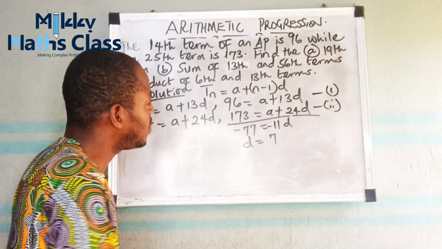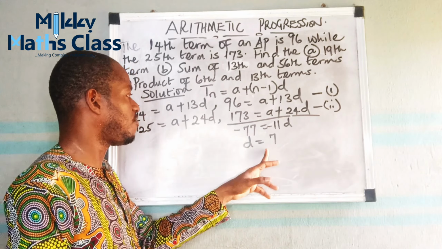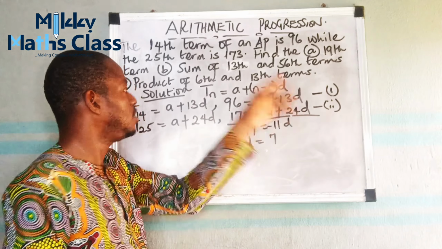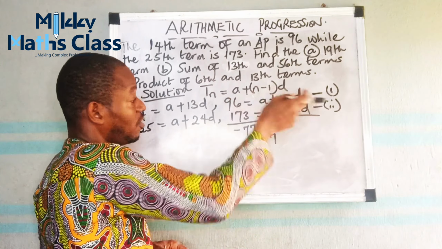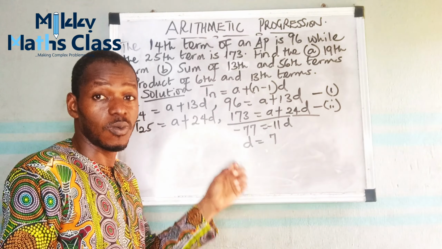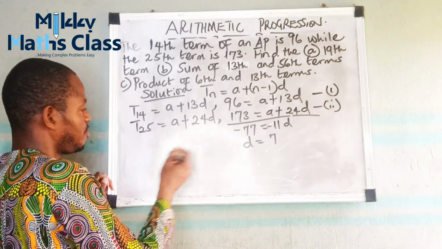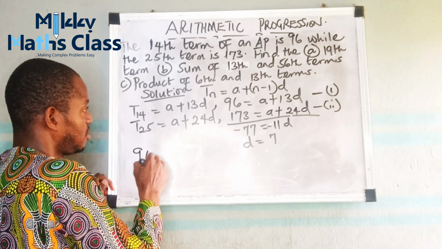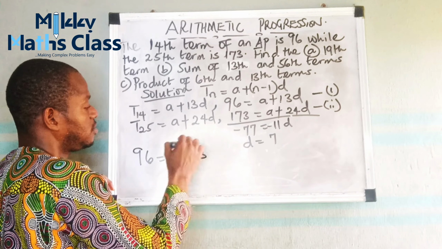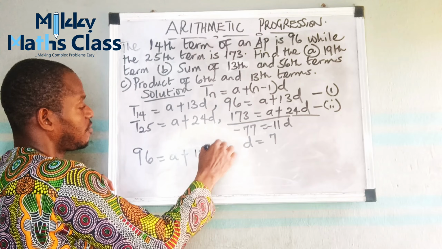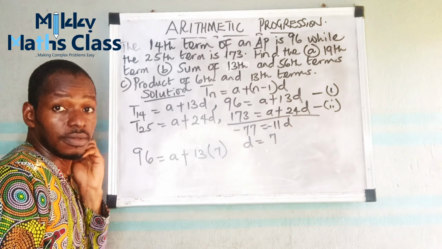Now from here we can find the first term by inputting the value of 7 into this equation. Any of them we like, either equation 1 or equation 2. So let's input it: 96 is equal to a plus 13 times 7, because that's our common difference.